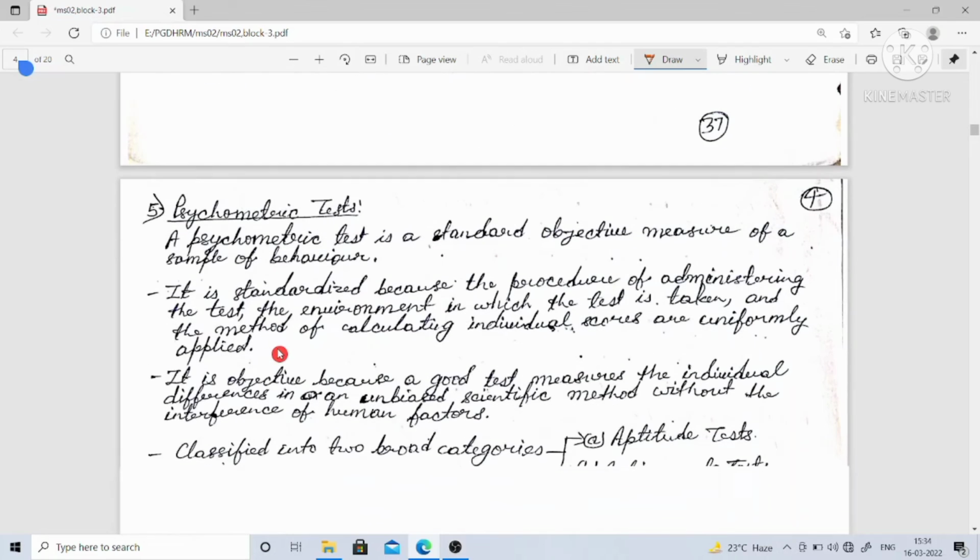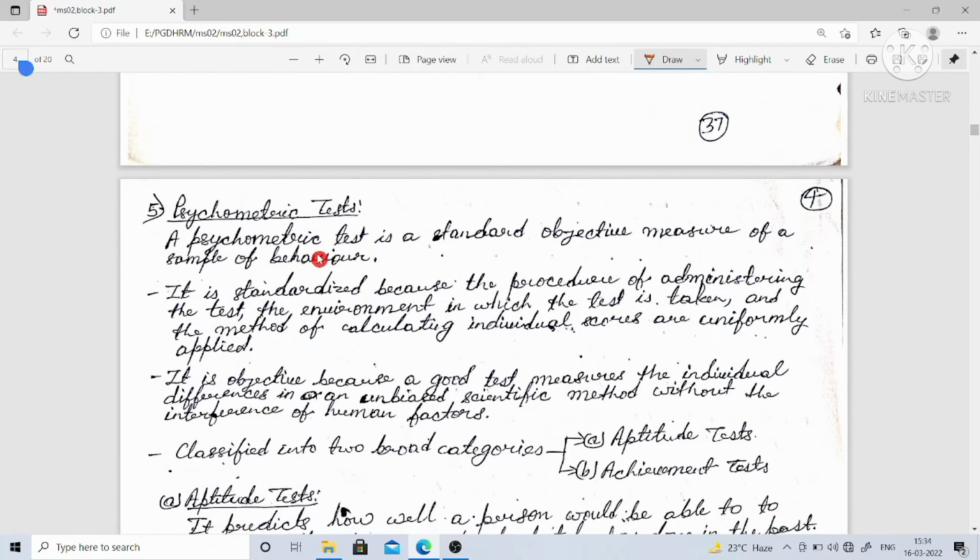Psychometric test is given. A psychometric test is a standard objective measure of a sample of behavior. It means that objectively a sample of behavior is measured in a psychometric test.